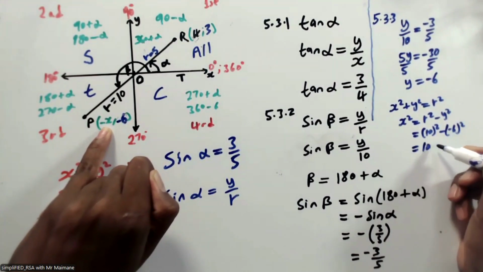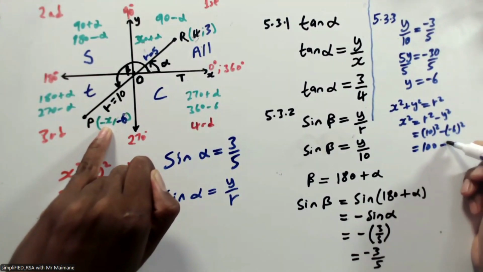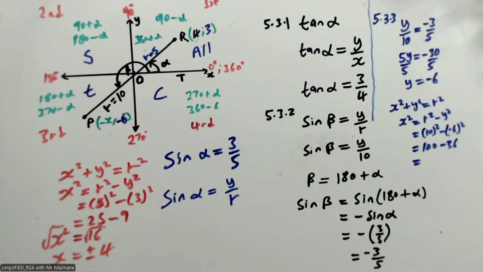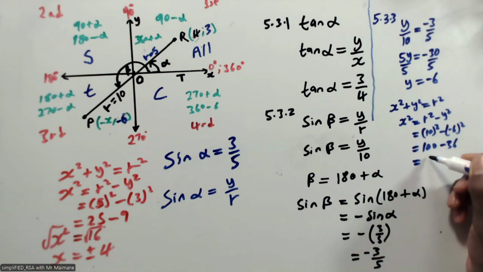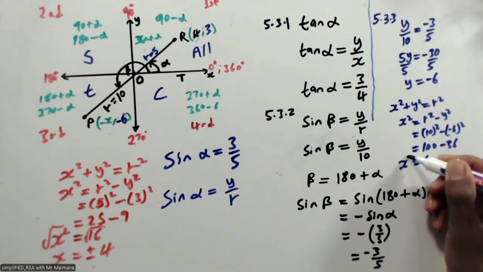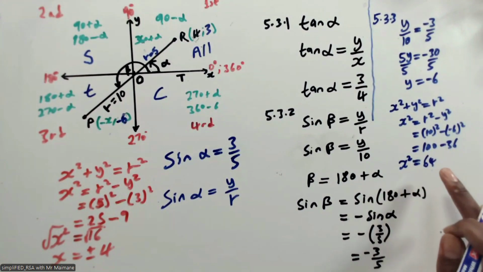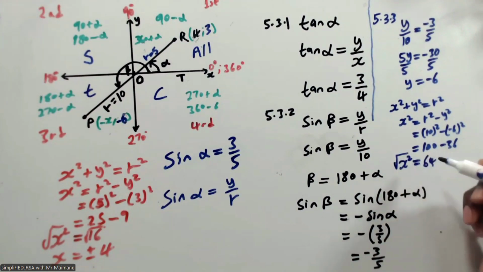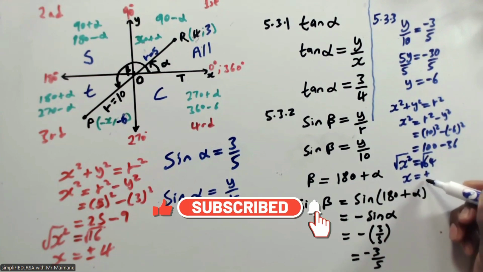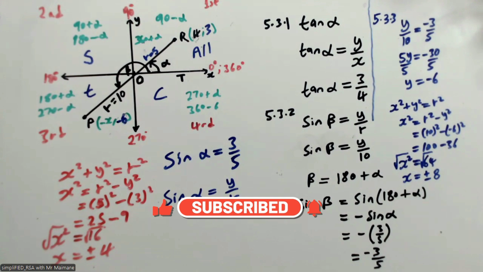Therefore, I will get 100 minus 36. This is going to give me 64. But hey, I'm looking for x, I still have x squared. So x squared is equal to 64. If I put the square root on both sides, I will find that x is equal to plus or minus 8.